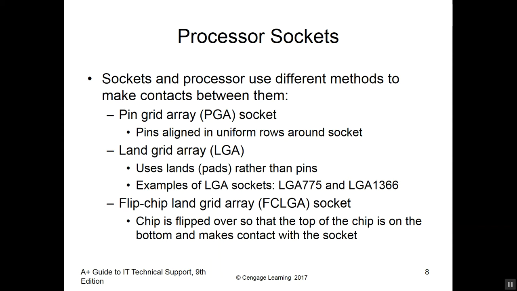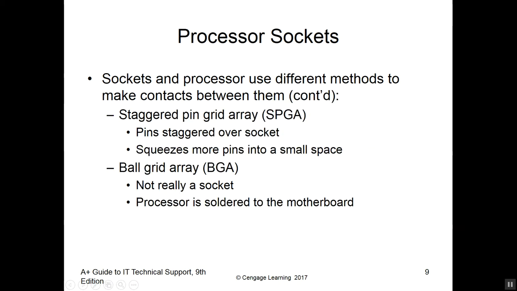Now the chip is flipped over so that the top of the chip is on the bottom and makes contact with the socket. There's a staggered pin grid array, or SPGA, where the pins are staggered over the socket, which squeezes more pins into a small place. And there's a ball grid array, or BGA. It's not really a socket. The processor is actually soldered to the motherboard.